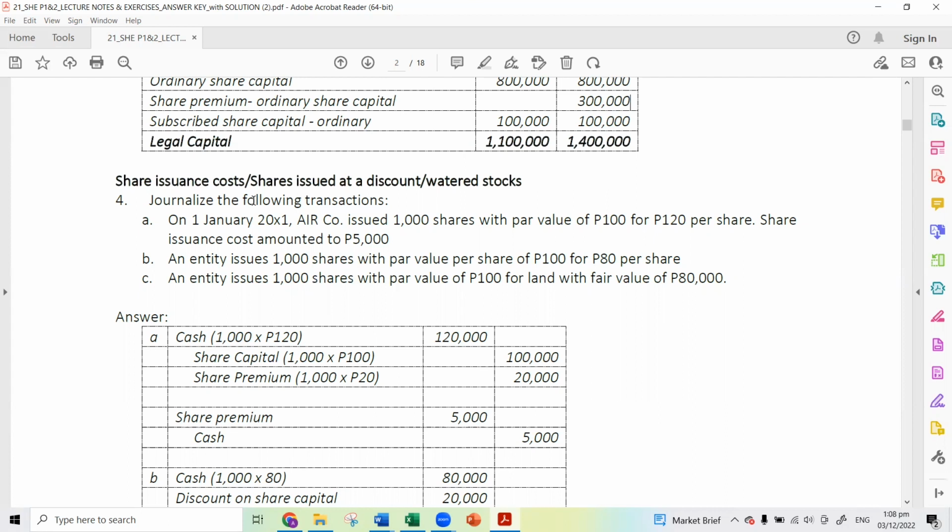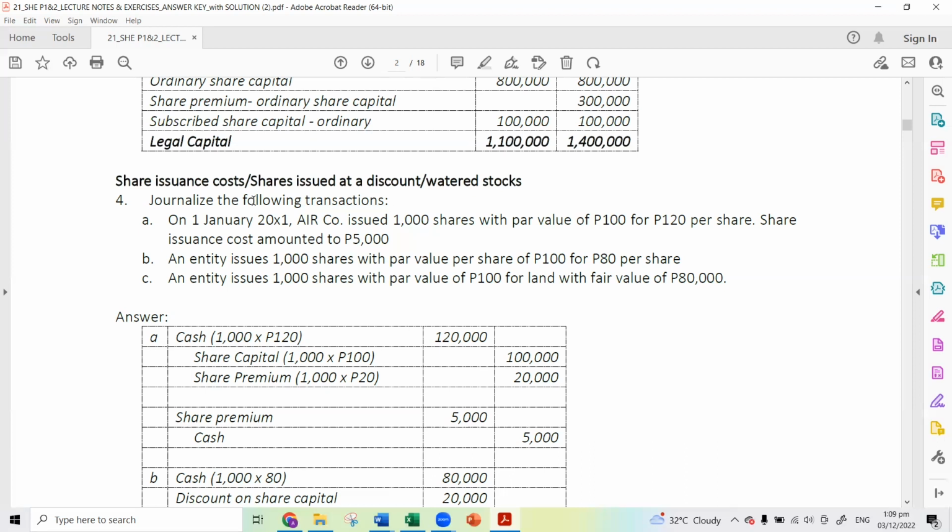Okay? And that share issuance cost, these are what? Deducted. Deducted saan? From any resulting share premium from the issuance. Oo. So again, these expenditures, the share issuance cost, are deducted from any resulting share premium from the issuance.